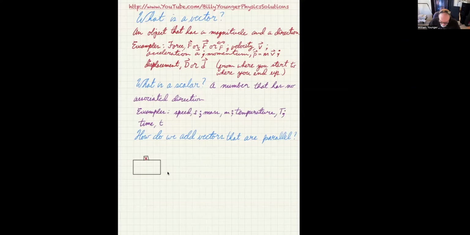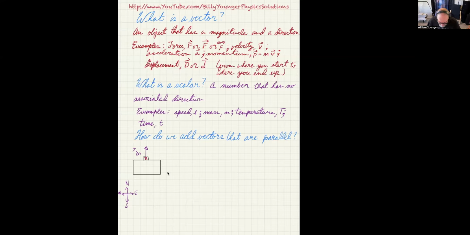So let's say we started there. If we started there, and let's say this is north, this is east, this is south, and this is west, then we might wish to, for instance, walk a little distance due north, at which case our displacement would be that vector, and I'm calling it D1 because my intent is to draw other displacements as well.